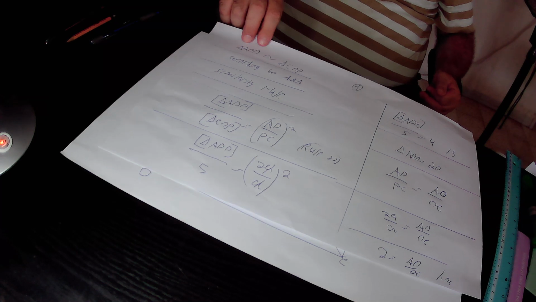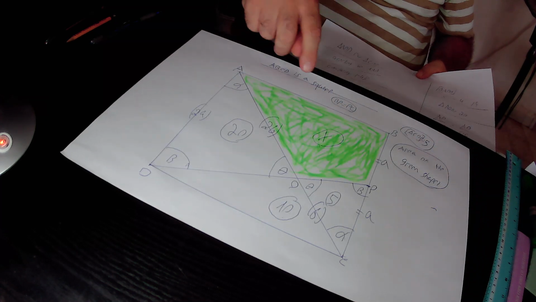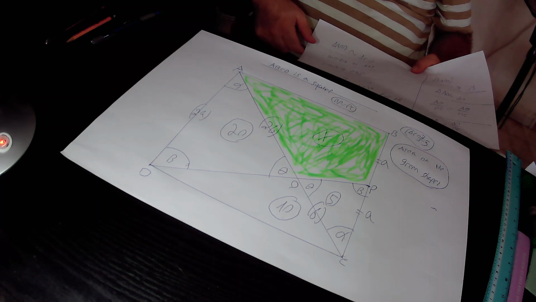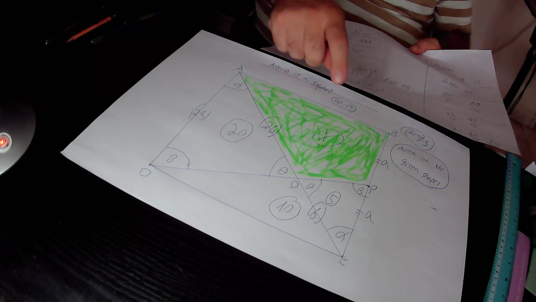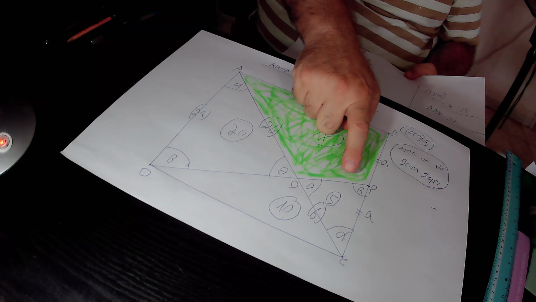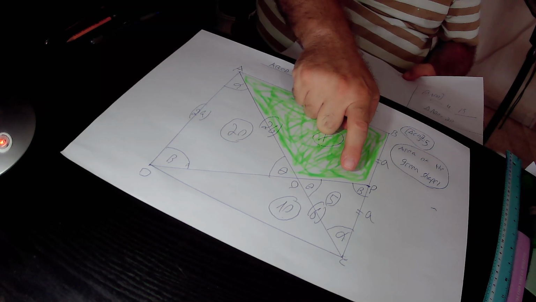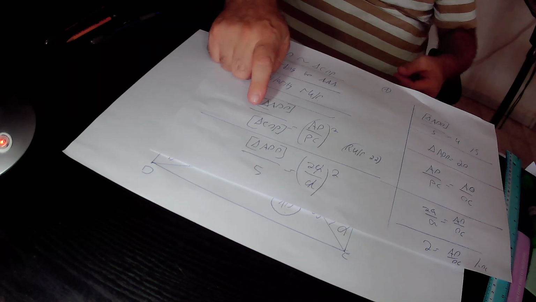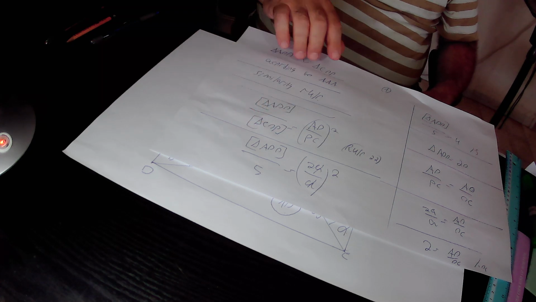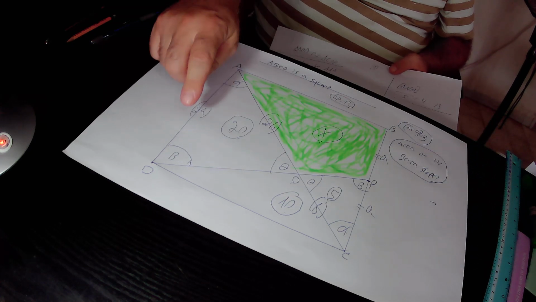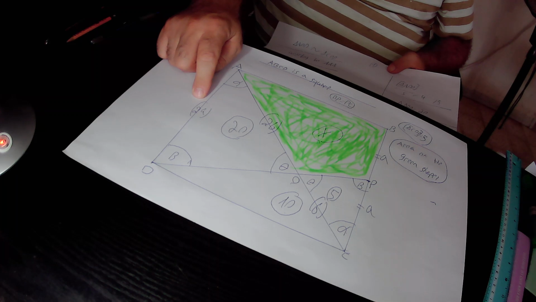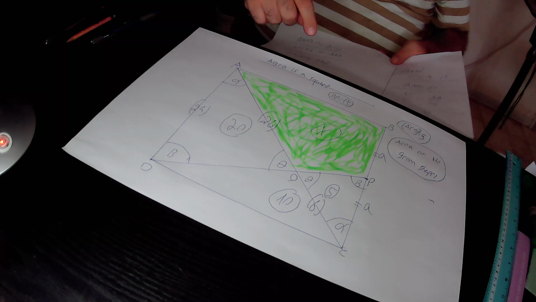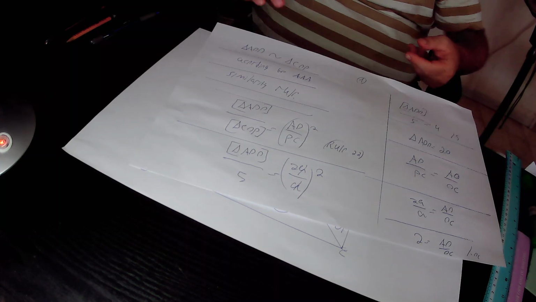The area of triangle AOD is the missing area. The question gives us that the area of triangle POC is 5 square meters. So we substitute the area of triangle COP by 5, and it is equal to AD over PC squared. AD is 2A and PC is A, so it is 2A over A squared.